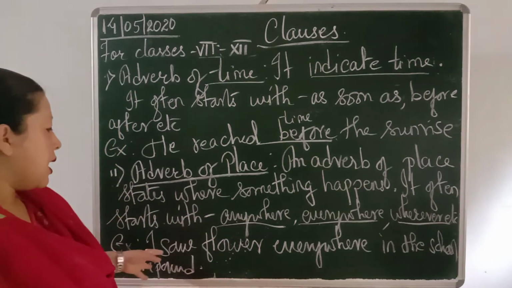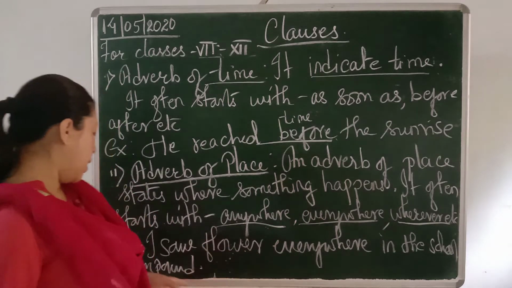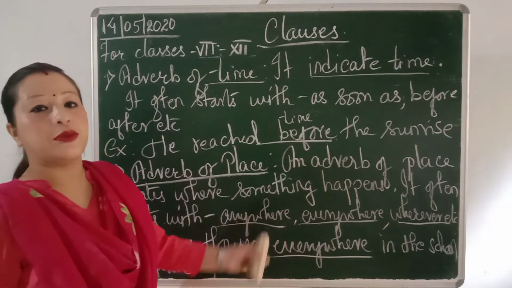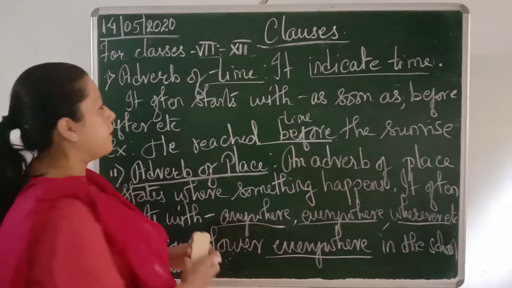For example, I saw flowers everywhere in the school compound. So, here the word everywhere is there, and this word represents an adverb of place.